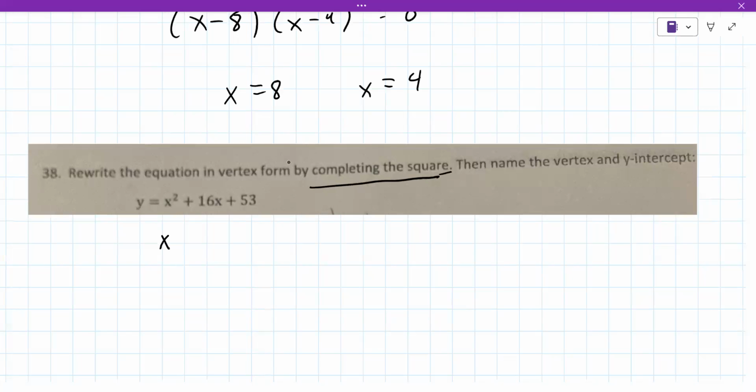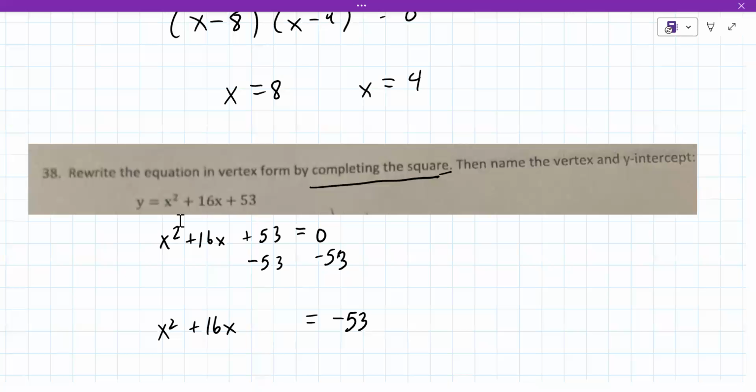Yeah, so let's work through this one together, and then I'll give you one like it. So first thing you do is subtract 53 from both sides. You always want that constant to be on the other side of the equation. X squared plus 16x equals minus 53. All right.